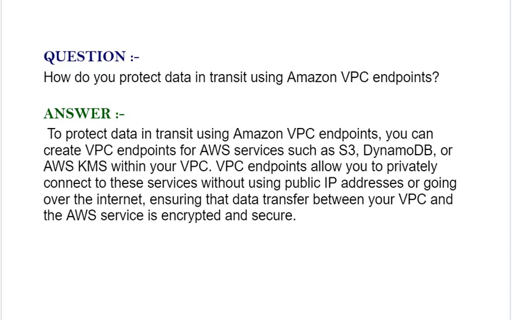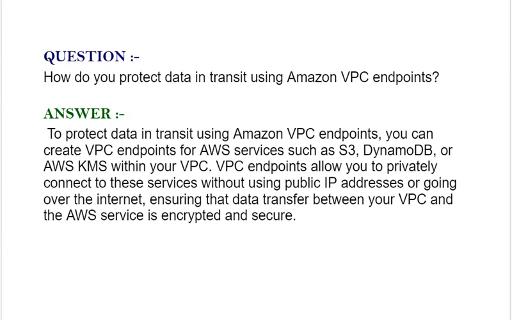Our next interview question is: how do you protect data in transit using Amazon VPC endpoints? Your answer should be: to protect data in transit using Amazon VPC endpoints, you can create VPC endpoints for AWS services such as S3, DynamoDB, or AWS KMS within your VPC.